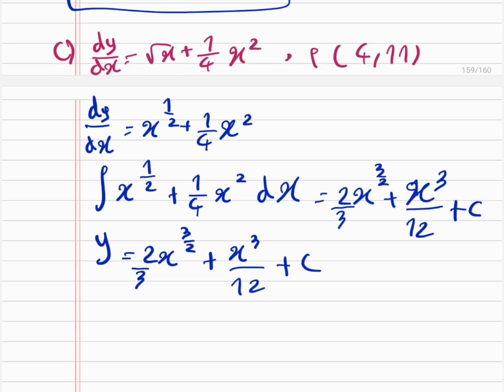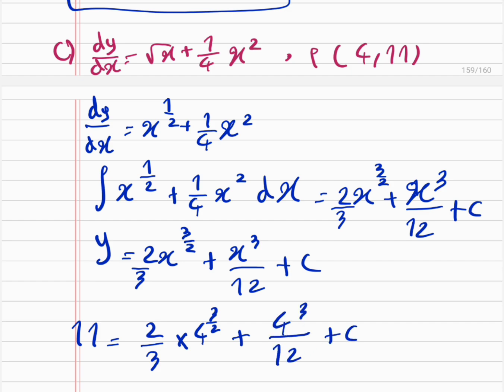Okay, now we just substitute. 11 is equal to 2 over 3 times 4 to the power of 3 over 2 plus 4 cubed over 12 plus c.